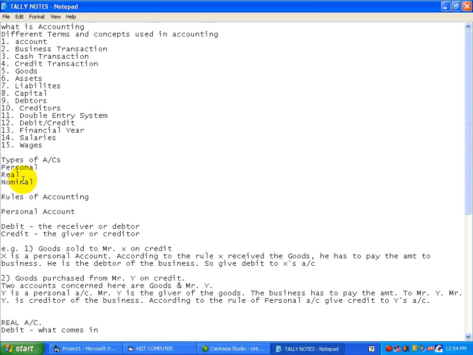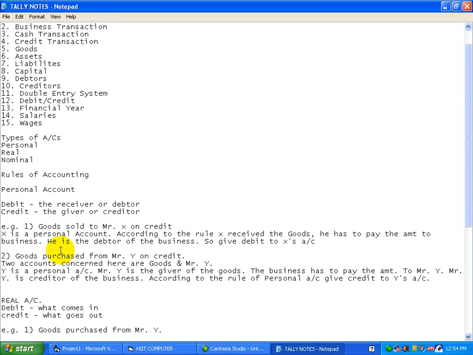What are the different rules of accounting? As per the first account, that is personal account, the rule is debit means the receiver or debtor, credit means the giver or creditor. We can just clear this concept through an example. See here, goods sold to Mr. X on credit.